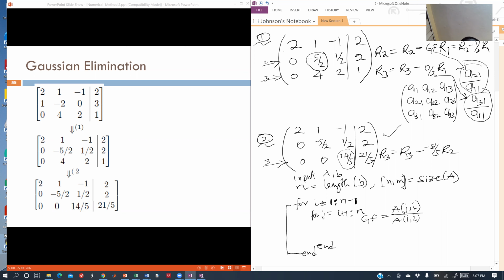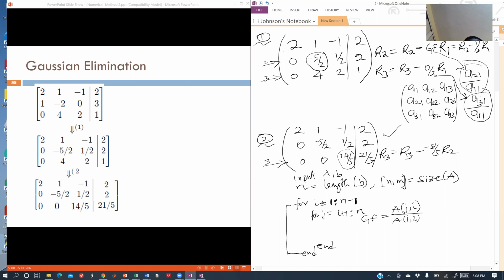So we have row 2 iteration 1 divided by iteration 1, row 3 iteration 1 divided by iteration 1.